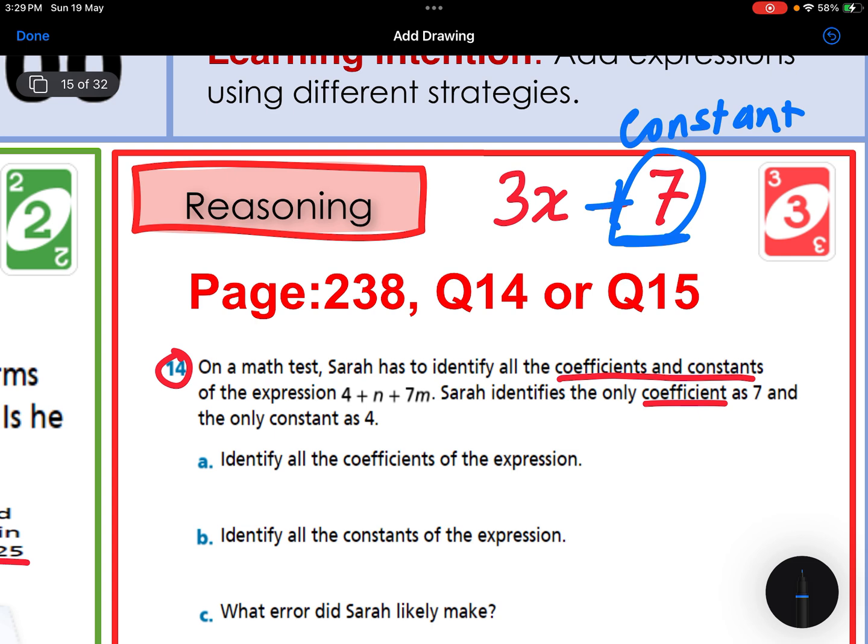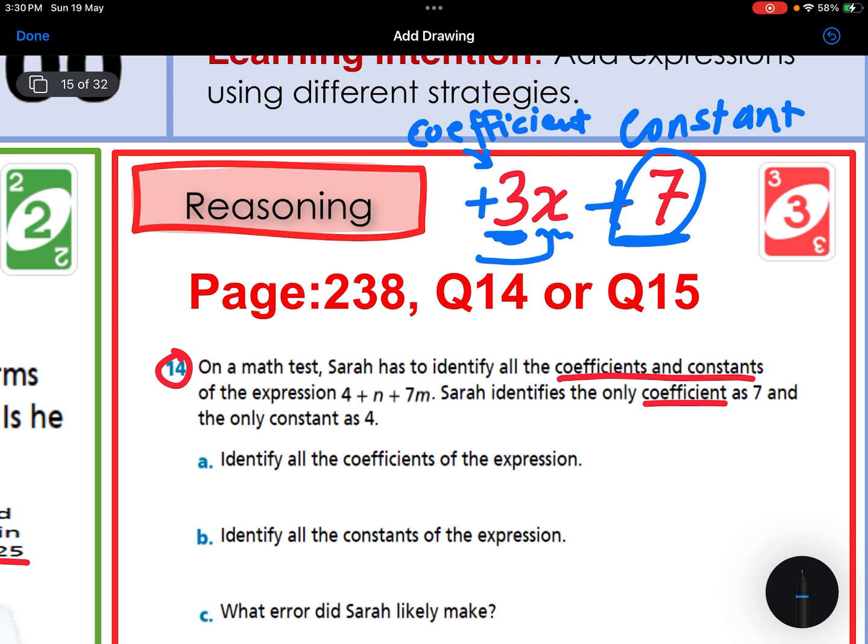Now, the coefficient is basically the number that is stuck to a variable. In this case, the 3. Since the 3 is associated with a variable x, then we call the 3 the coefficient of the x, and the sign of the 3 is positive since it's not written, okay?